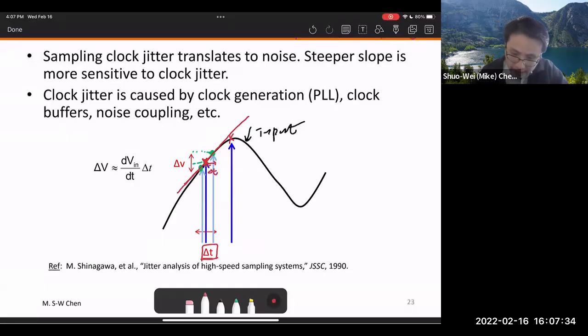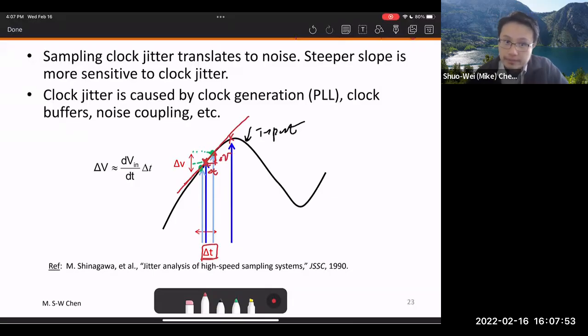You have a delta t, and you multiply by the slope, and that will give you the amount of voltage deviation in the y-axis, right? Does that make sense?